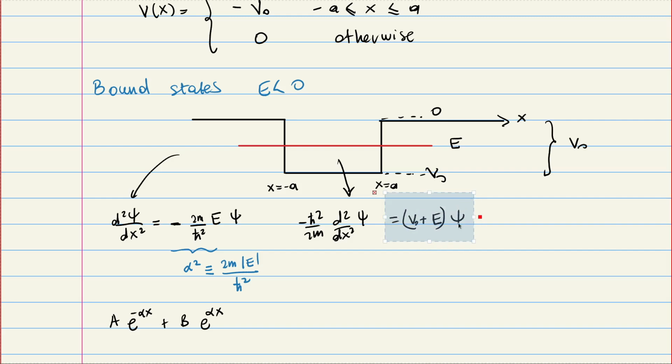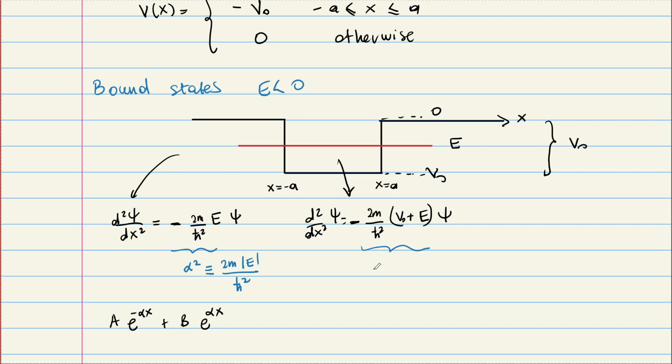So let me also move this 2m over h bar squared. And lastly, there's this minus sign. So this is minus. Here you can see this entire quantity is now negative. So this is negative.